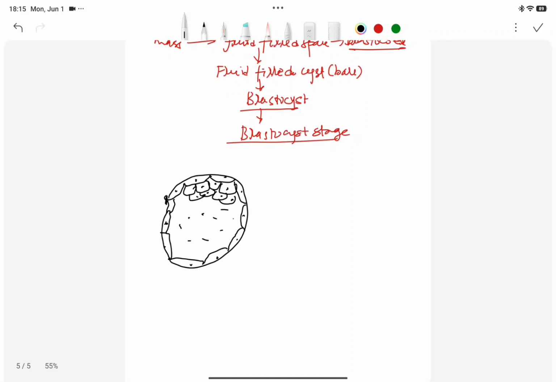This is the outer cell mass, this is the inner cell mass, and this is the blastocoel. The whole structure is known as blastocyst.